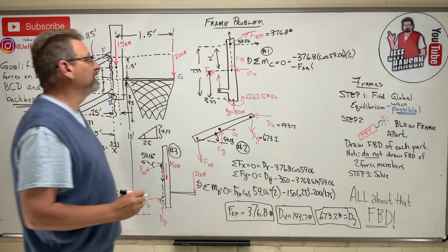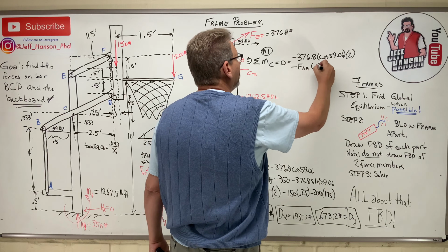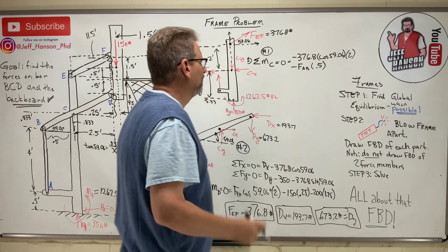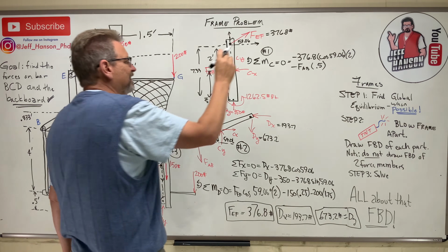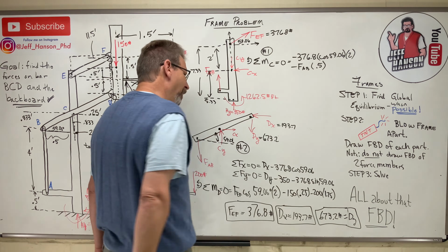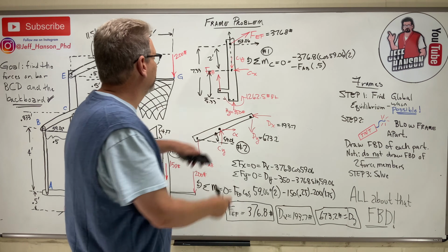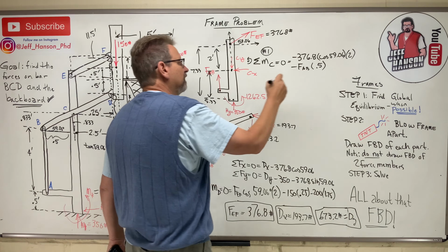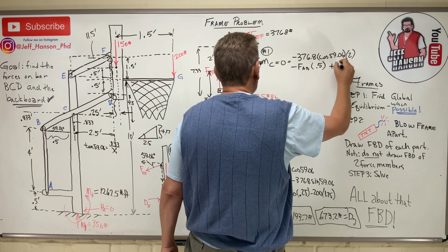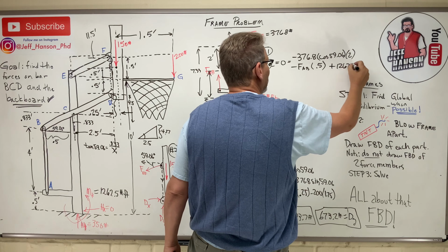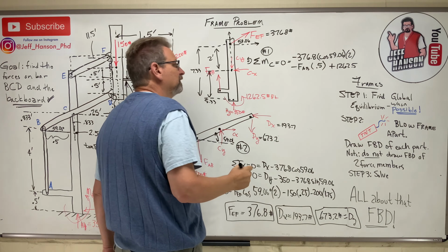Times 0.5. Okay, and is that it? That can't be it, because a negative and a negative equals 0? No way. Oh, wait a minute, here's a positive. This is a positive thing, right? So plus 1262.5. Okay?